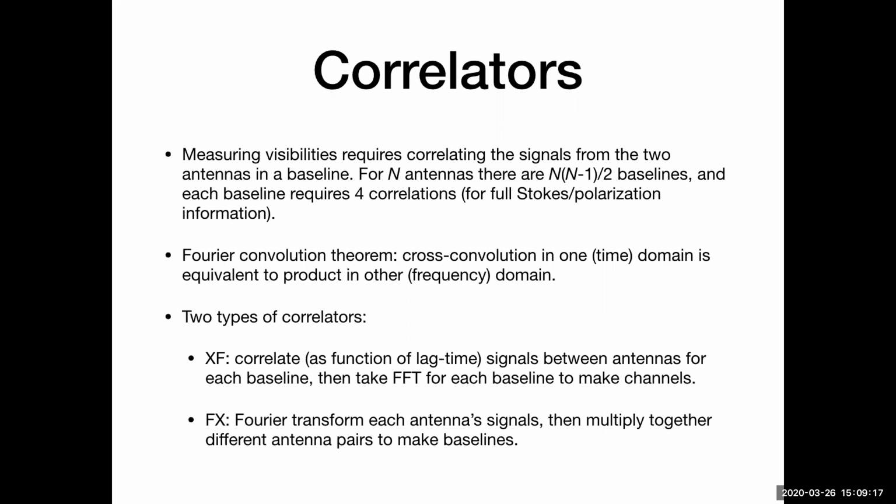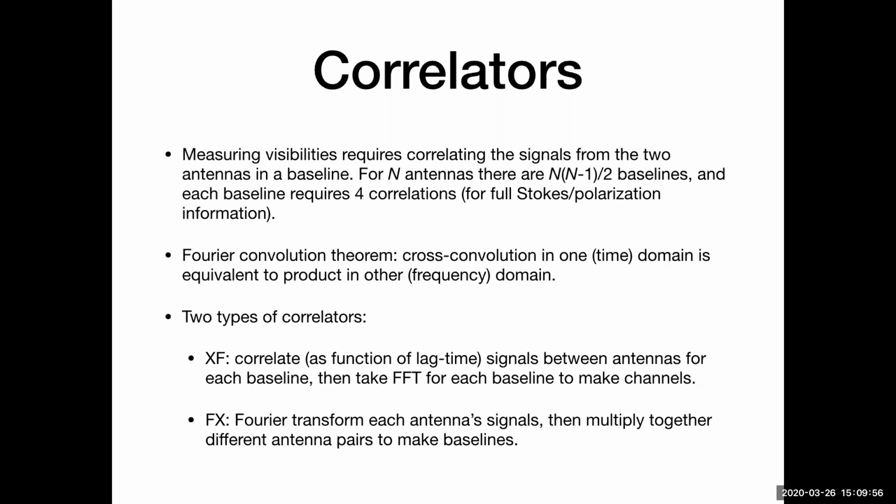In the previous lecture, I talked about taking a time series and correlating them by multiplying the 2 voltage signals together and averaging. But the alternative is if you Fourier transform your signal, which we do when we're making channels during the channelization process, you've transitioned from the time domain into the frequency domain, and the convolution becomes a product in the corresponding Fourier domain through the convolution theorem.